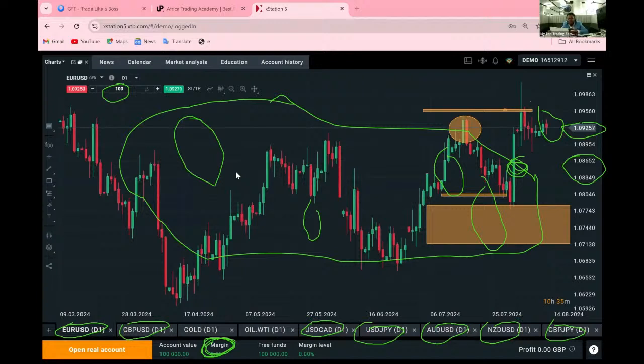But until you close that trade, then your balance will become normal and your margin will be returned to you. And your free margin will be the same as your equity and balance. So when we start doing practical, you will see exactly how it works.